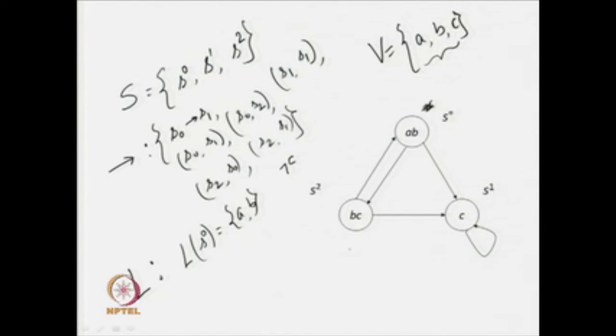And S1 is labeled with C. So C is true in S1, but A and B are false. If an atomic proposition is false, we generally never mark it, but the internal meaning is that it is false in that state, because an atomic proposition can have 2 truth values, true and false. If it is true, we label it; if we do not label it, it is false in that state.